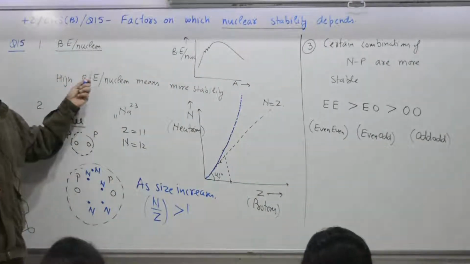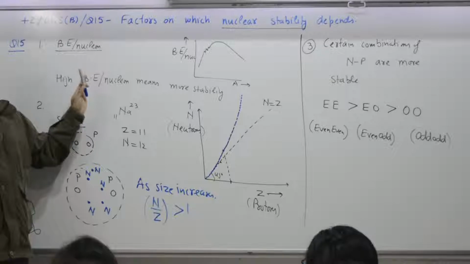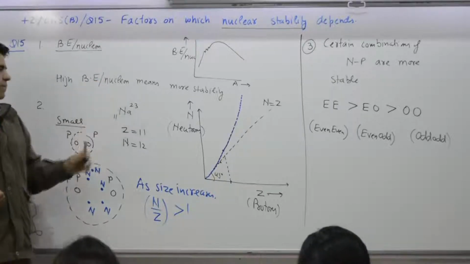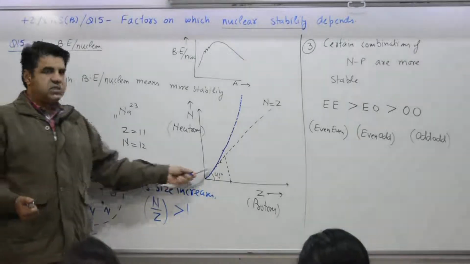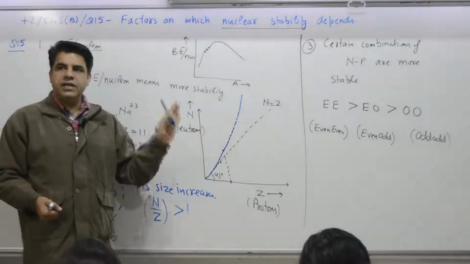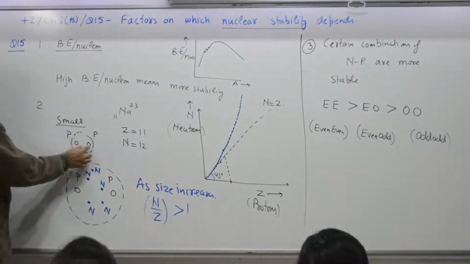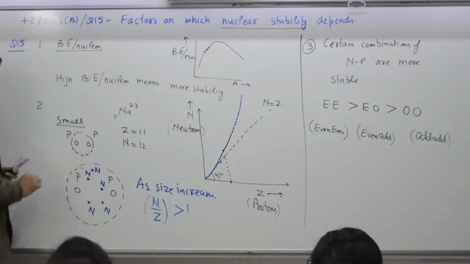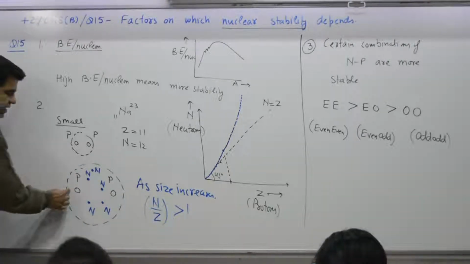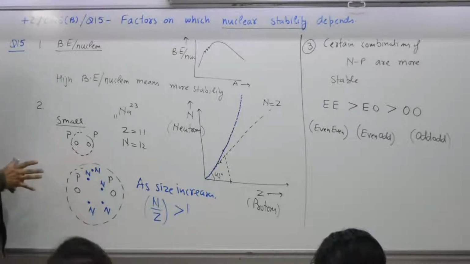So three parameters. Number 1 is binding energy per nucleon: a high value means more stability. Number 2: as size increases, why do you need more neutrons? For small nuclei, proton repulsion is electric, attraction is nuclear, and at small distance nuclear force is very strong. As the size increases, both electric force and nuclear force decrease, but the decrease in nuclear force is much more.